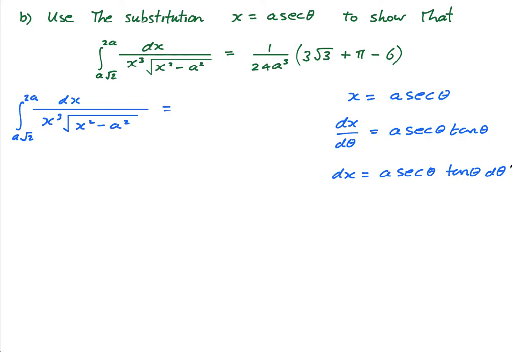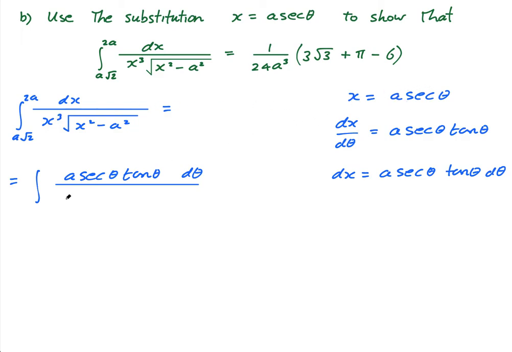Fine. Now, this I'm going to write down here is equal to the integral of, so instead of dx, I'm going to write, this is my numerator, a sec theta tan theta d theta. The denominator is going to be x cubed.